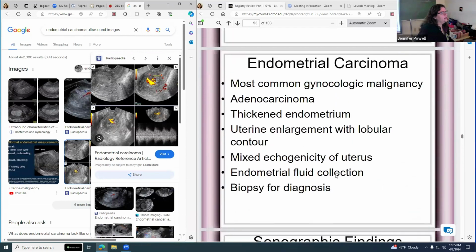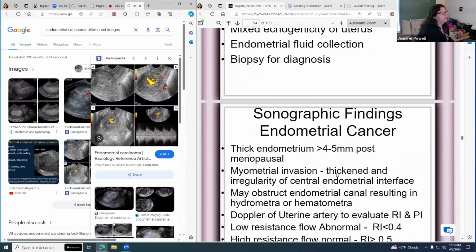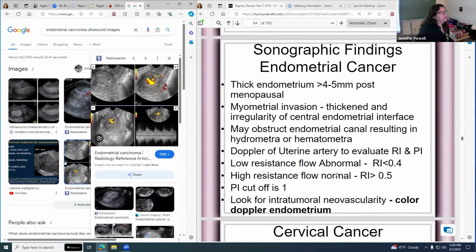All right, where were we here? I jumped ahead by accident. So sonographic findings are thick endometrium, greater than 5 millimeters post-menopausal, myometrial invasion, so thickened and irregularity of central endometrial interface, may obstruct endometrial canal, resulting in hydrometria or hematometria.